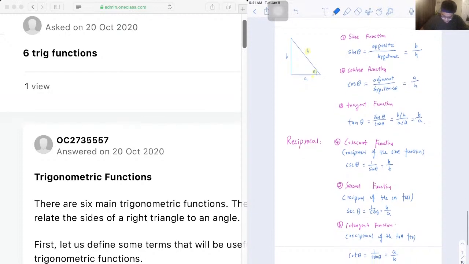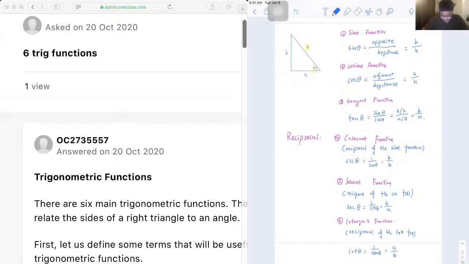Yeah, and when you're memorizing this, I suggest you memorize them in pairs.